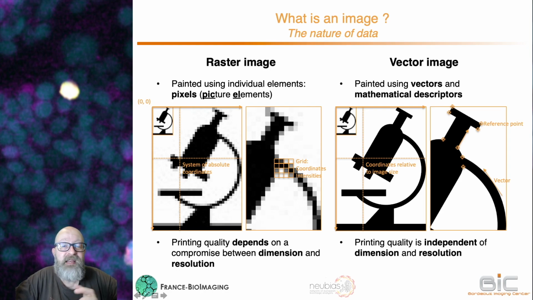Basically, a vector image is just a set of coordinates, of instructions, or vectors to link those anchor points, meaning that as you've got a mathematical representation of your image, you can zoom in and zoom out without having the problem of seeing a pattern, because everything is well described.